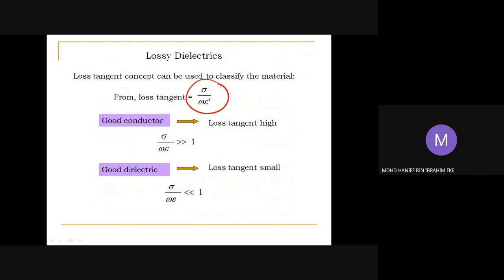For the good conductor, we are going to have a very high loss tangent, and a good conductor is similar to a bad dielectric, sorry, I apologize, my mistake. It's similar to bad dielectrics, or lossy dielectrics.